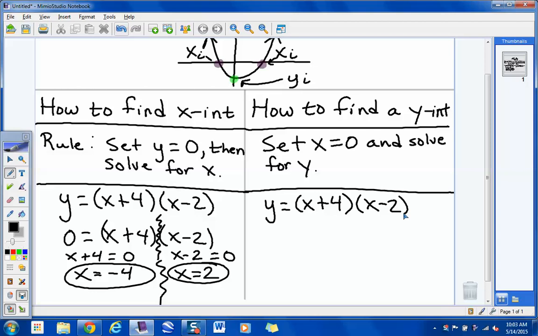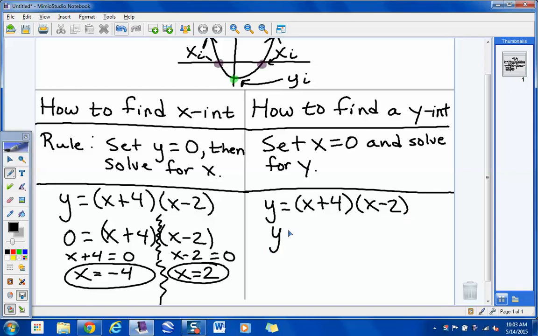What are we looking for here on the right side? So what are we trying to find? Y. The y-intercept, so we're going to set x to 0. How many x's are there? 2. Okay, so let's do this.